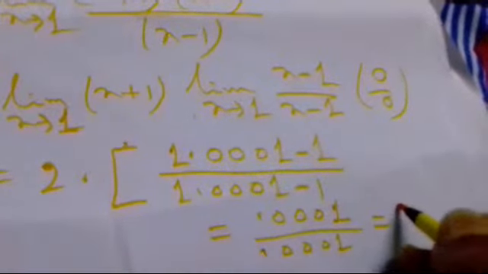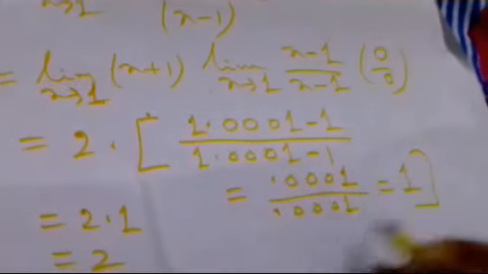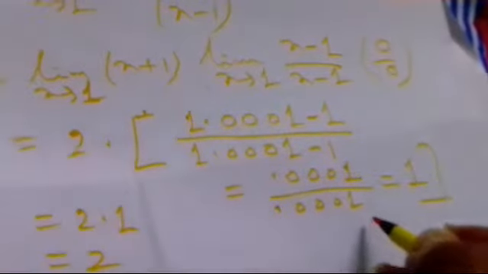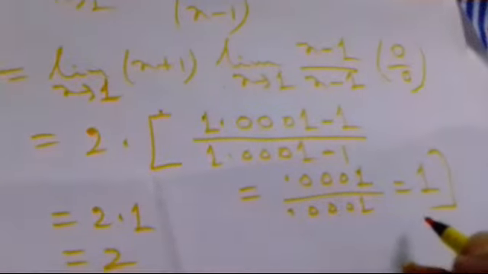That is a negligibly small quantity, so the ratio will be 1, clear. So the result is 2 into 1, which is 2. But obviously the 0 here means a limiting value of 0, so we don't calculate the exact value. So this is our idea of how 0 by 0 works, and we use this concept in the case of limits.